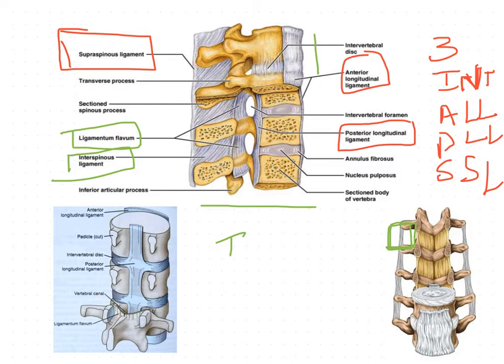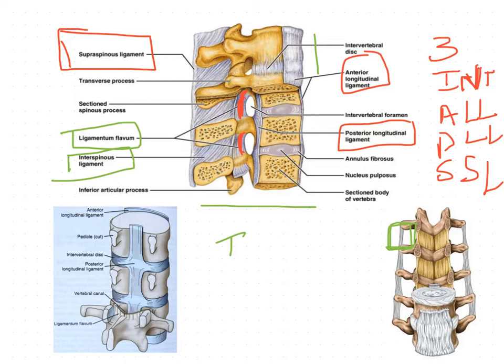The ligamentum flavum is a thick elastic ligament which is located on the posterior surface of the vertebral canal. Here you can see the ligament is not continuous.